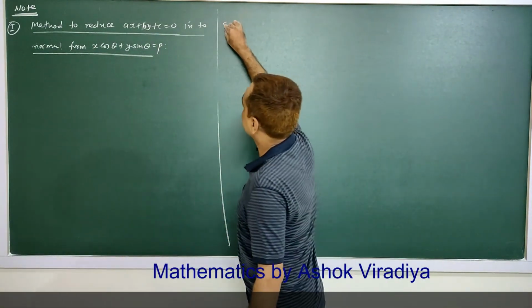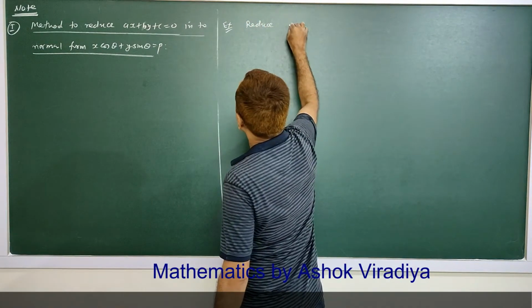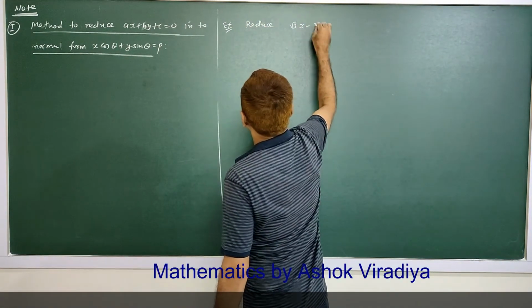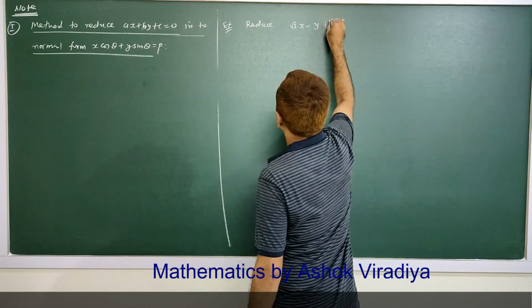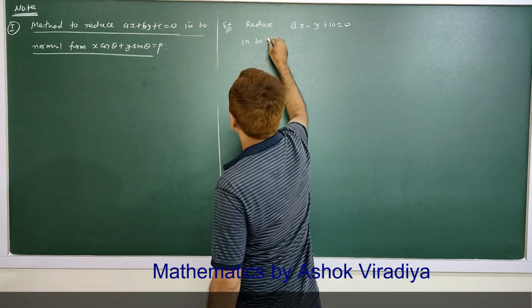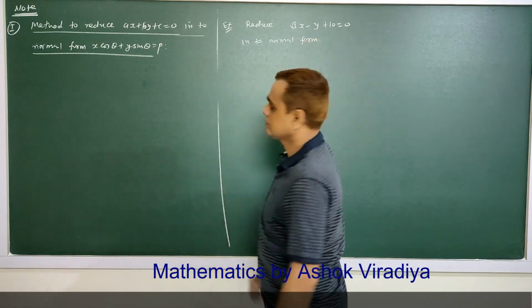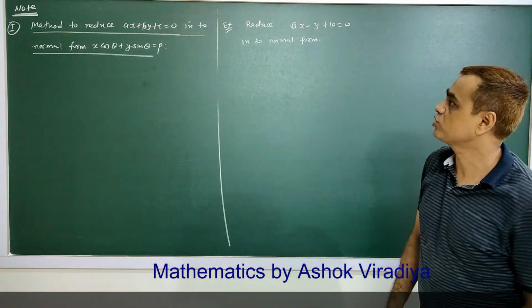Suppose the example is: reduce the equation root 3x minus y plus 5 equal to 0 into normal form. We want to reduce this equation into normal form.